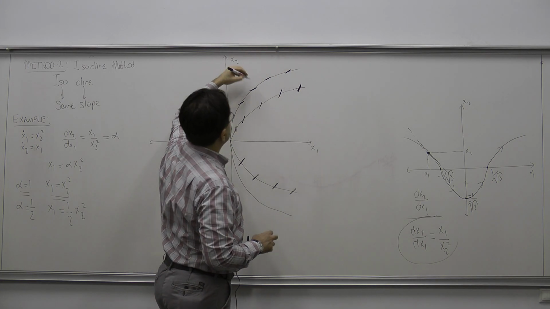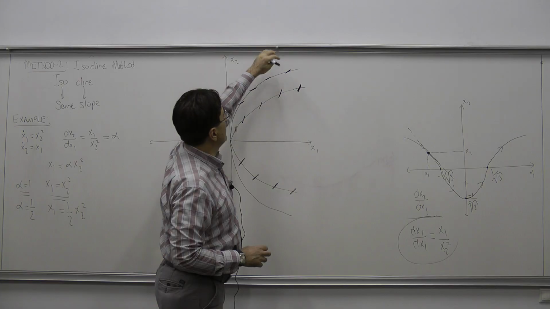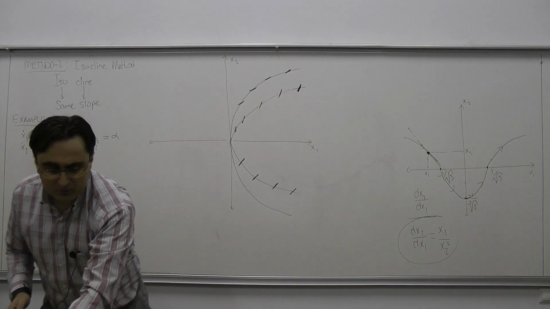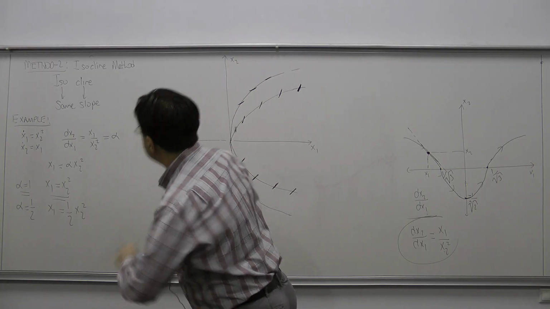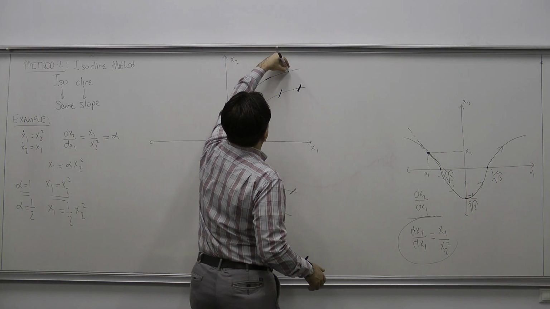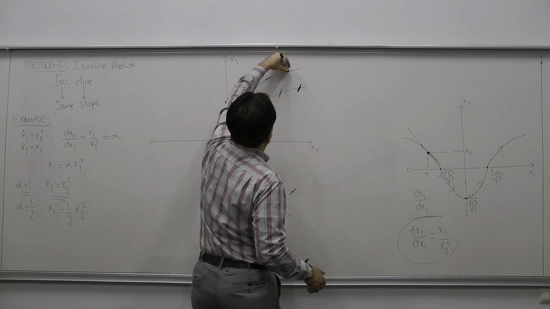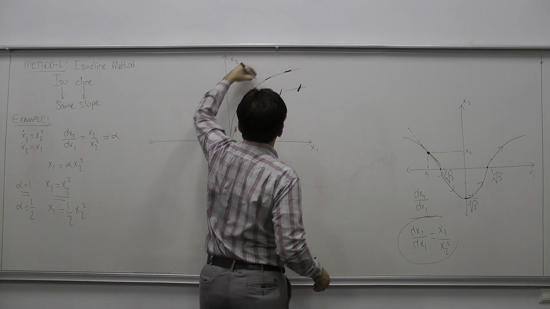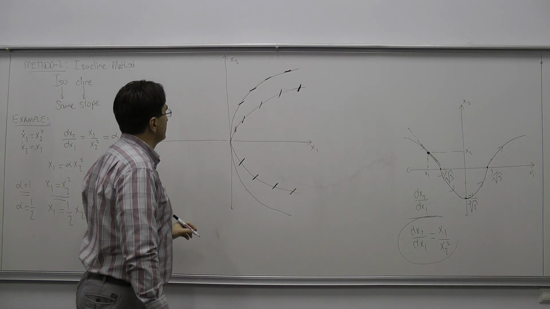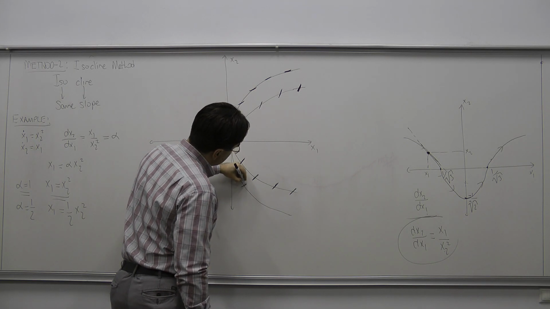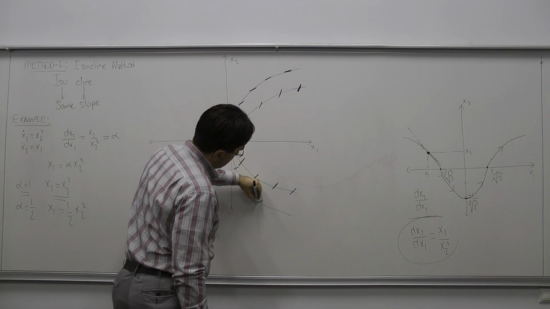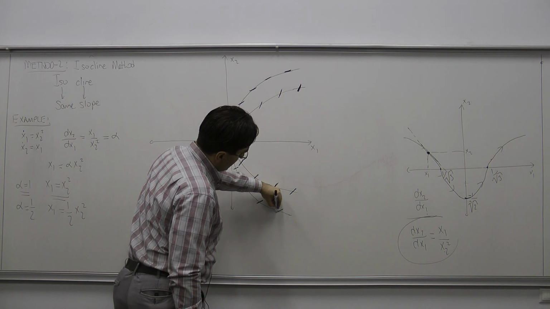These slopes should always be the same. My drawing skills are not sufficient here. So the slopes are just 1 over 2 on these lines. And here I would have also a smaller slope.